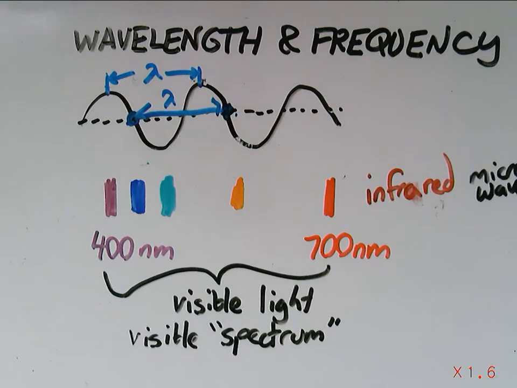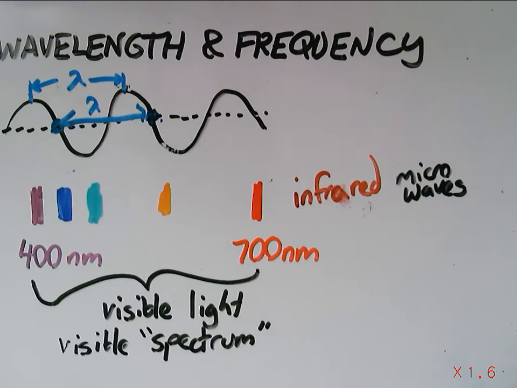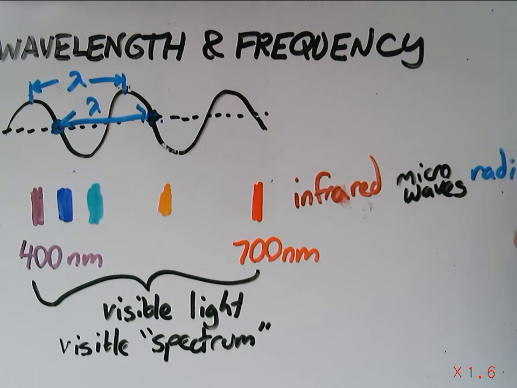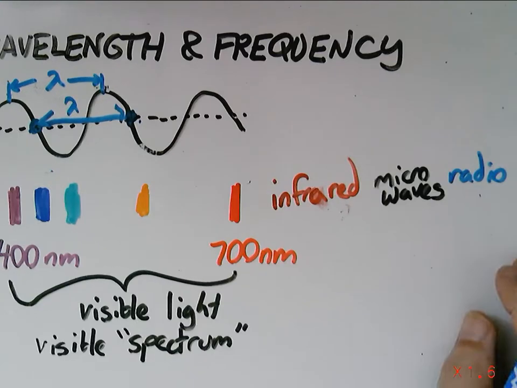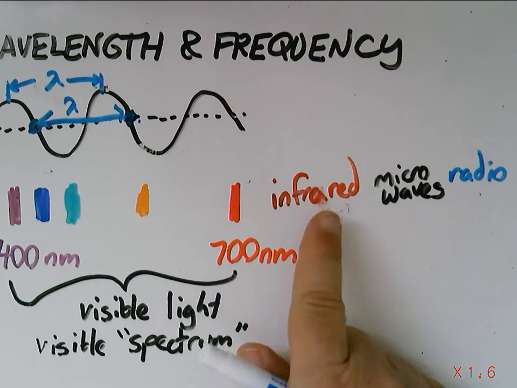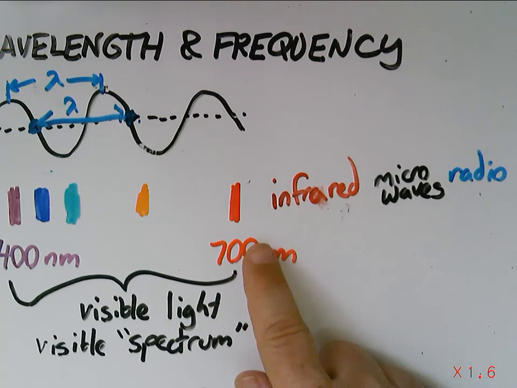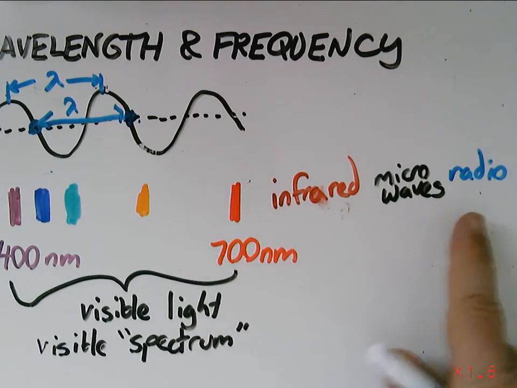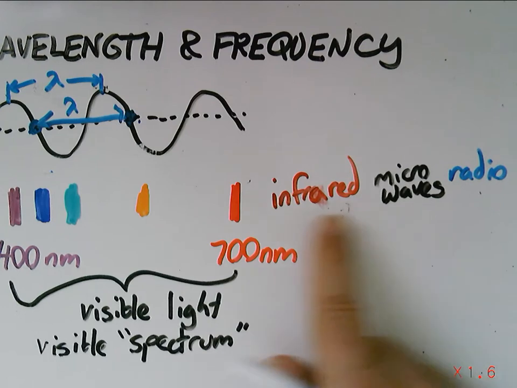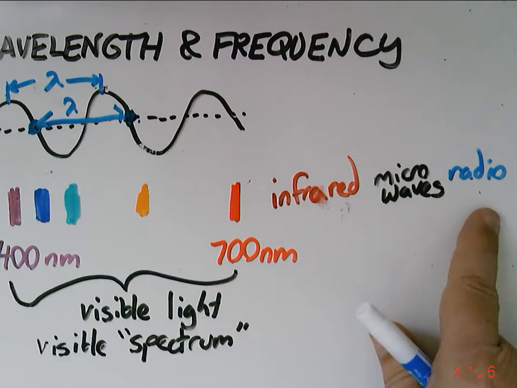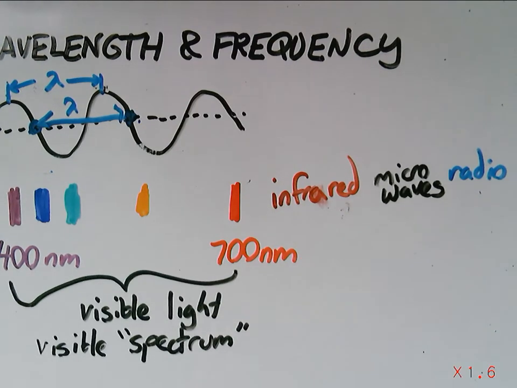And up at the very longest wavelengths there, you can have radio. So the only difference between this stuff and visible light is just the wavelength is longer than 700 nanometers for all of this. Microwaves have a longer wavelength than infrared, and radio has a longer wavelength than microwaves do.